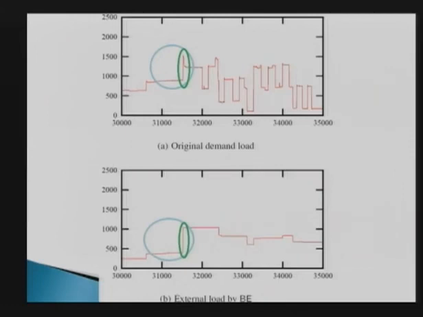In the big blue circle, maybe it's not really clear, but there's a slope, and the shape of the slope is exactly the same in these two figures, although the height is not at the same level. Also in the green circle, there's a jump, and the value of the jump is also exactly the same in these two figures. So that's what we can recover from this algorithm.